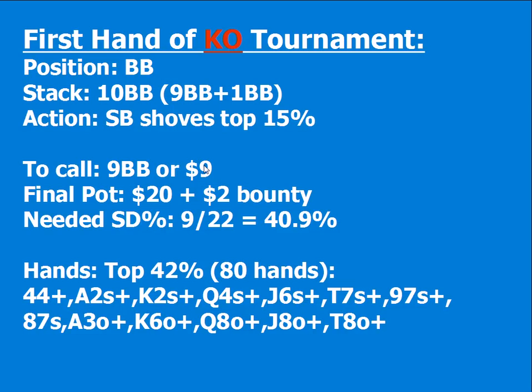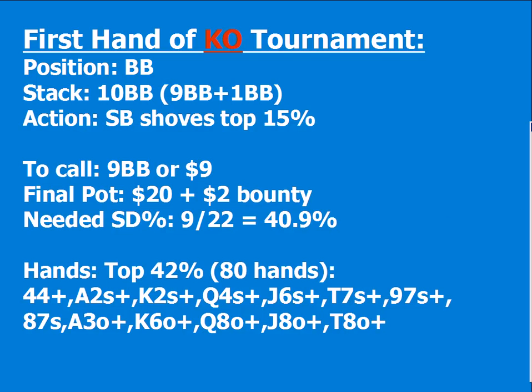So we are calling $9 in a pot that is going to be $20 plus the $2 that we will also earn for the bounty. In that case, we do the division, 9 divided by 22. We only need to be a 40.9% favorite.